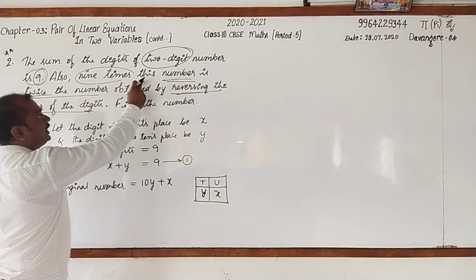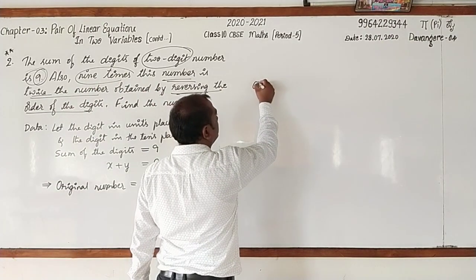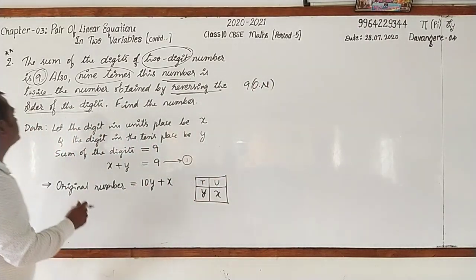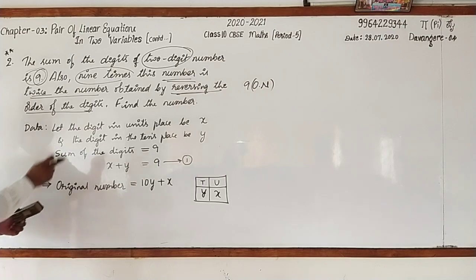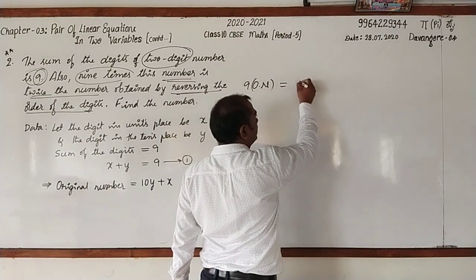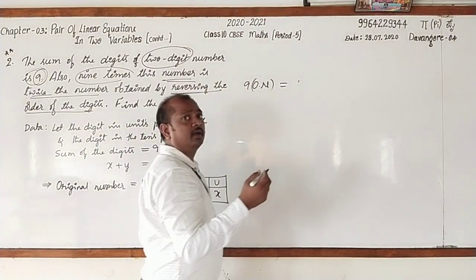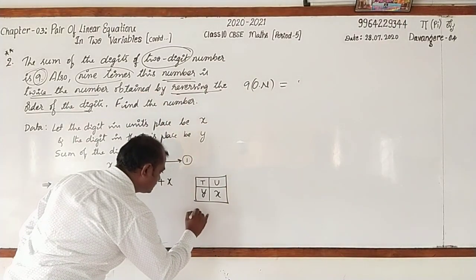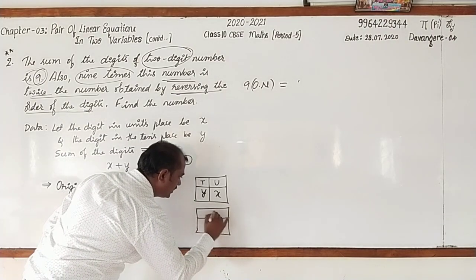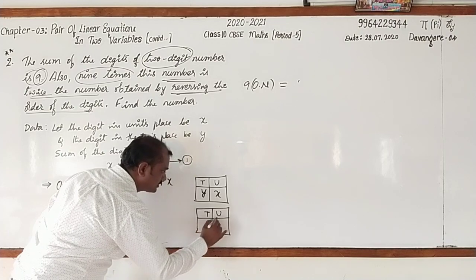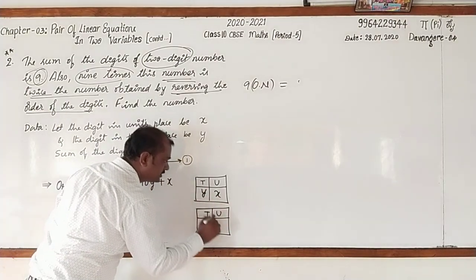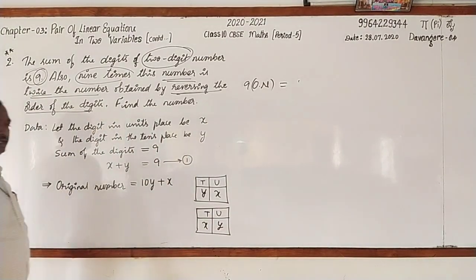See that 9 times this number, nothing but 9 times the original number, is twice the number obtained by reversing the digits. Here I'll write: when the digits are reversed, the units place digit goes to the tens place and the tens place digit goes to the units place.